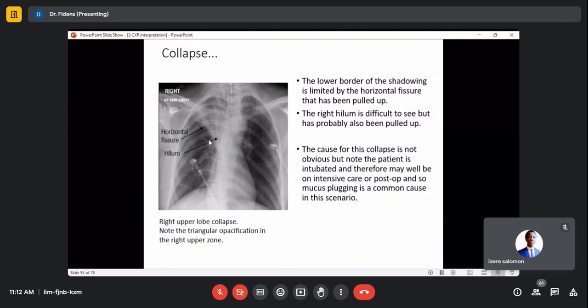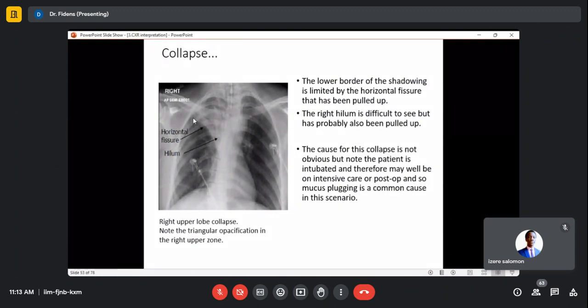I don't see anything that is pushing it in the lower part of the lung. I don't see anything pushing the horizontal fissure, but I can think of something pulling it because there is an opacity here. I cannot tell much detail about this opacity, but it looks like it is pulling on the horizontal fissure.